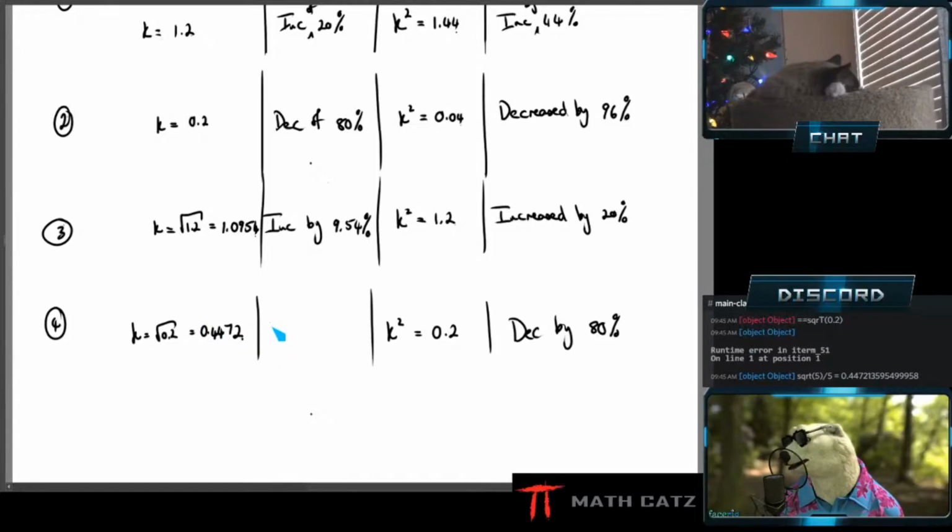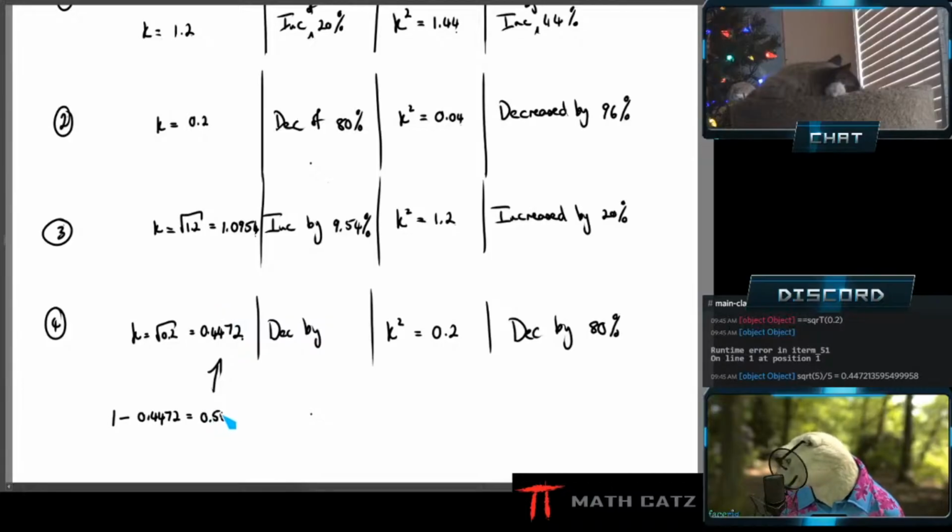That means it's a decrease, not as big. The area has a more substantial change than the length dimension does. But I decreased by, well, let's just look at the gap here. 1 minus this scale factor will give me the gap that I went down from 1.